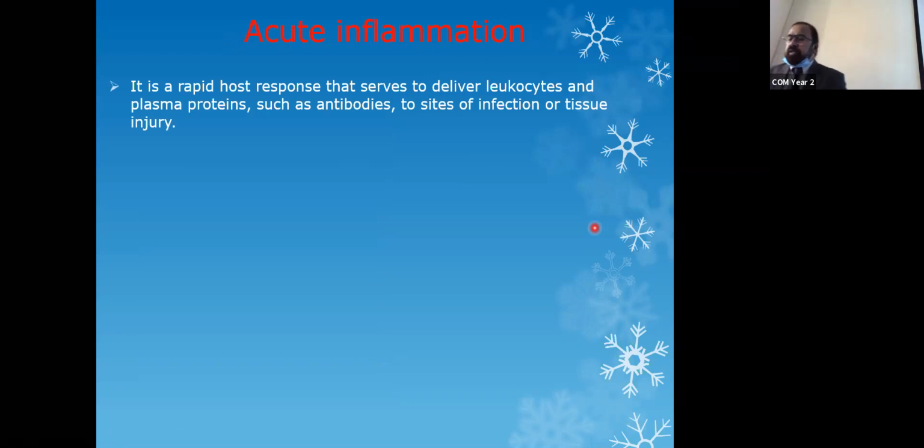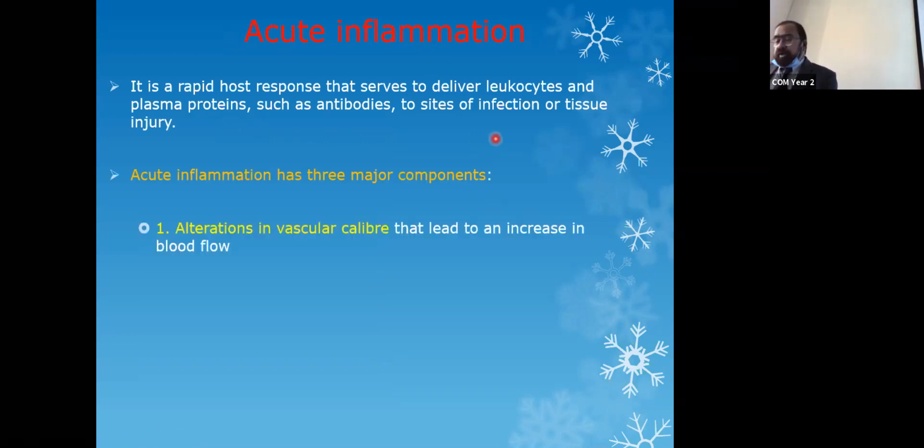So acute inflammation is a rapid host response that serves to deliver leukocytes and plasma proteins such as antibodies to the site of inflammation, as we were discussing. By doing so, it has three major components. One is alteration in the vascular caliber, so the blood vessel should be a little bigger in size.